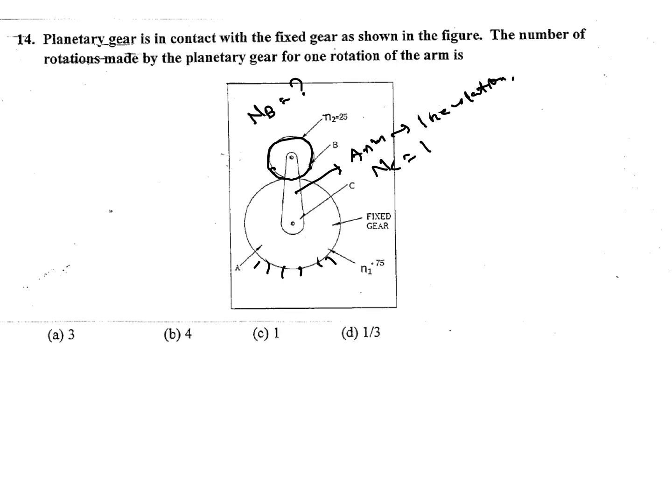So tabular method we have to apply here. Number of teeth also given. TA equal to 75 and TB is 25. For the smaller gear it's 25 and for the bigger gear it's 75. First we will go for the table.